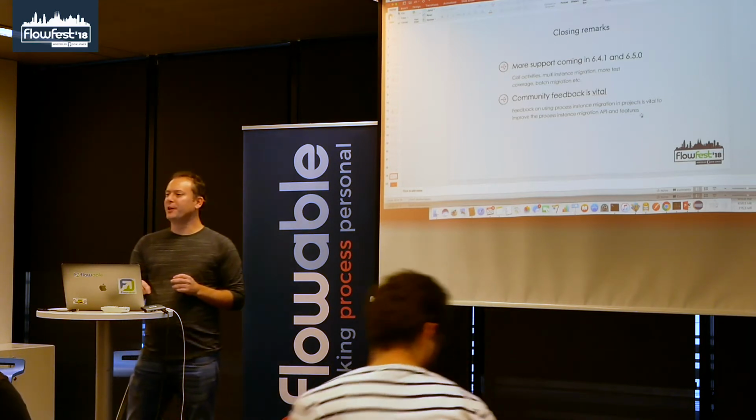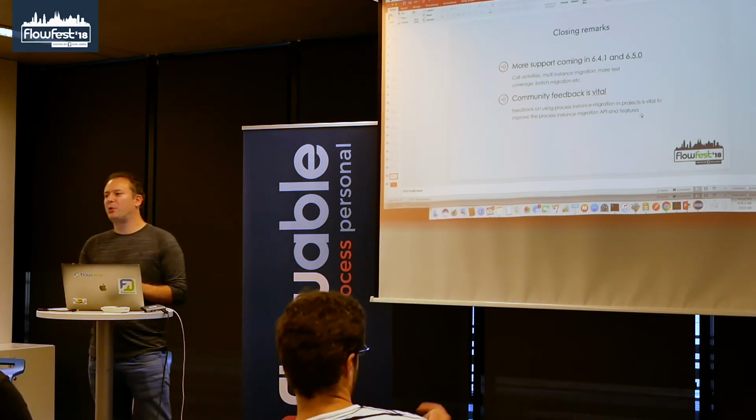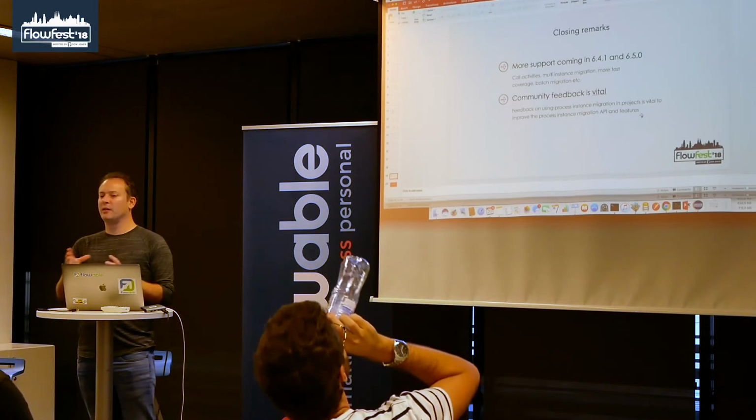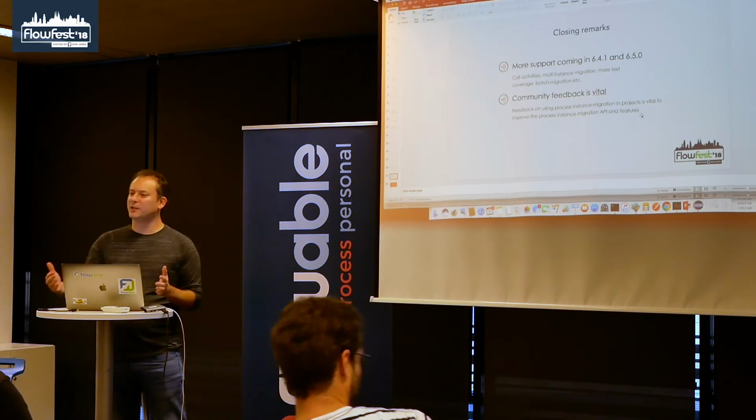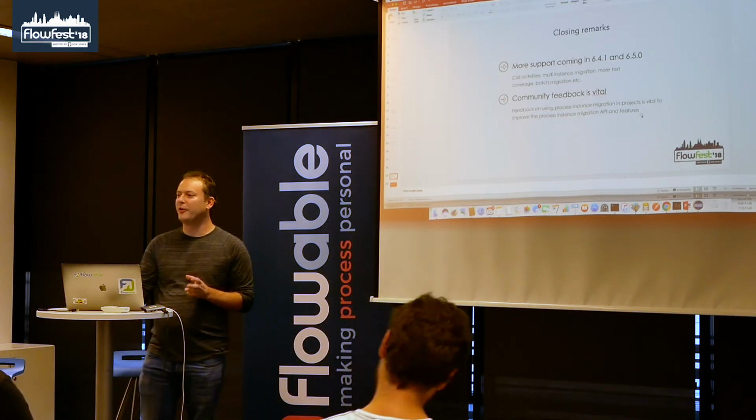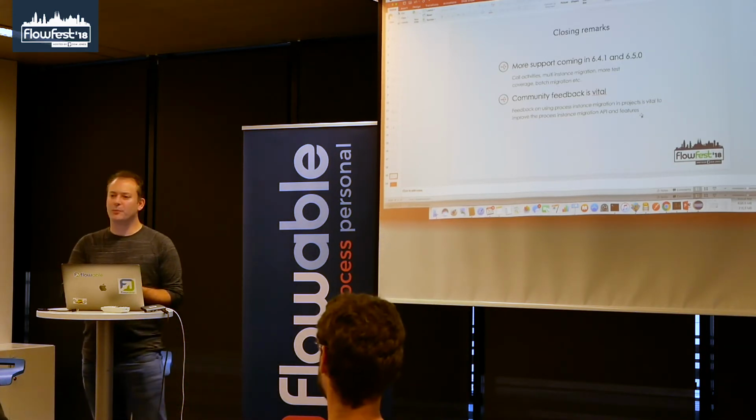Then in 6.5.0 we want to add support for the batch migration so that you can define on a new deployment, for example, that you want to migrate existing running process instances to that new version directly with the JSON document, for example. That's coming in 6.5.0.